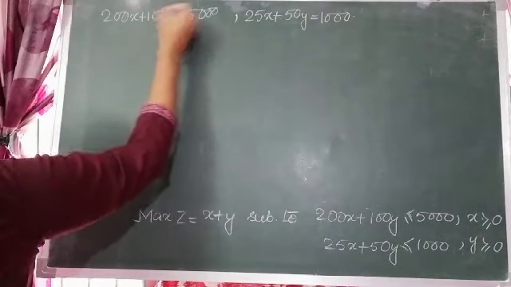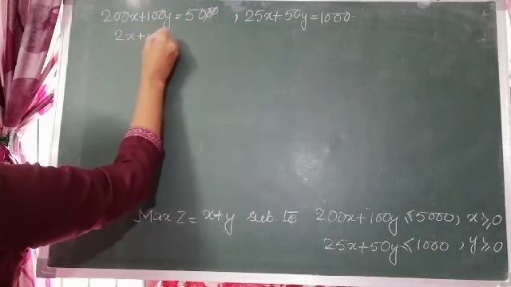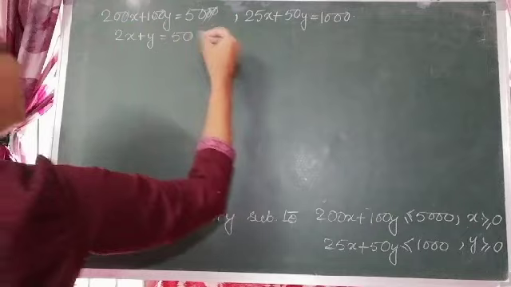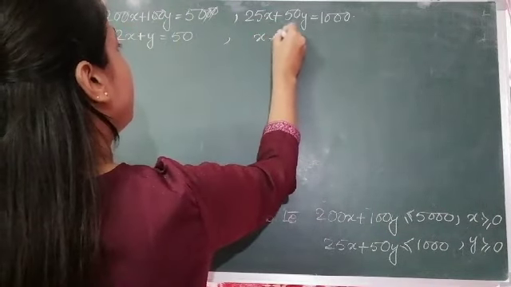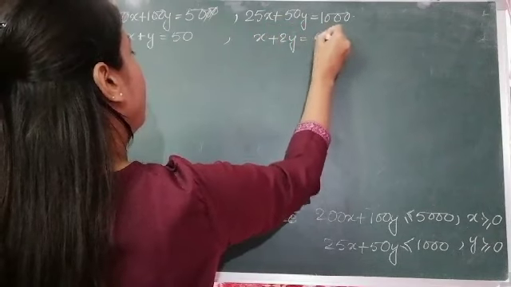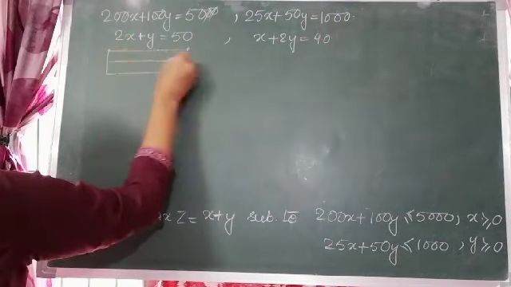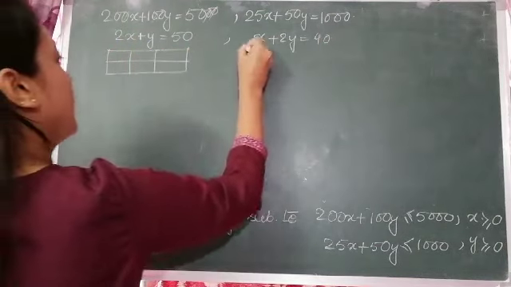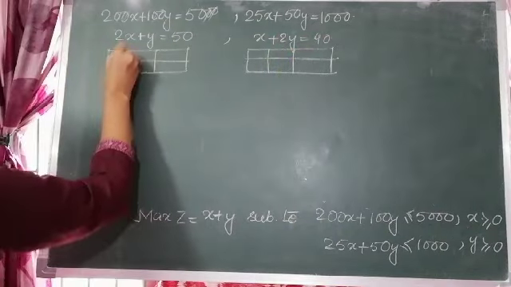So the zeros will get cancelled here. So we'll get 2x plus y equals to 50. And from here, we'll get x plus 2y equals to 40. So next we will find out the values of x and y, that means the coordinates which you need to plot.